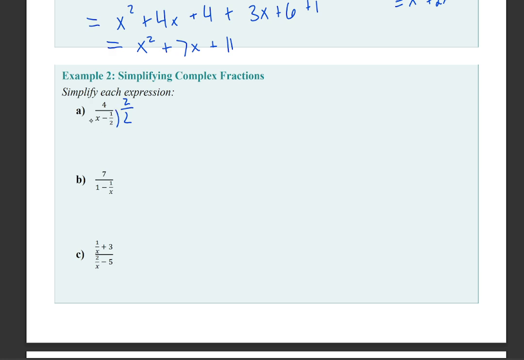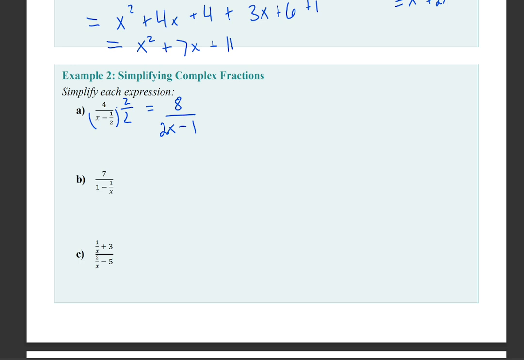But this whole second term is what gets multiplied by 2. So if we do this, we have 8 on top, divided by, and now you're actually going to see that fraction in the second term fall away. So we do 2 times x, and then we do 2 times negative a half, which is minus 1. So just by multiplying the top and bottom by the denominator of the fraction you want to get rid of, you can actually simplify it and get rid of it.